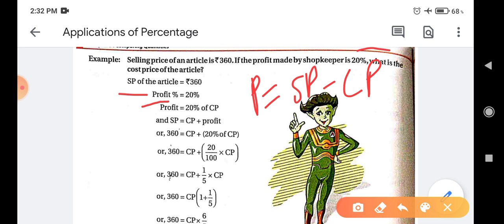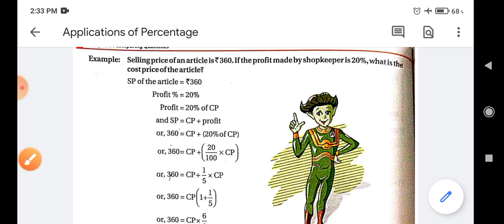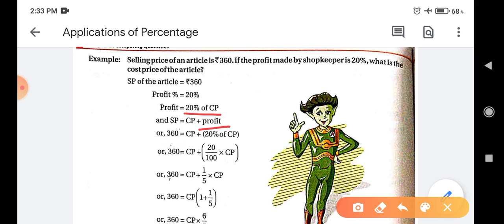Then we transpose CP to the left hand side, and we get SP is equal to CP plus profit. Now put values. The value of SP is 360 and it is equal to CP plus profit. CP is not given, so it will be written as it is. Profit is 20% of CP.